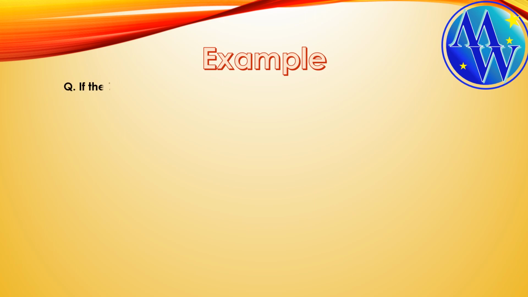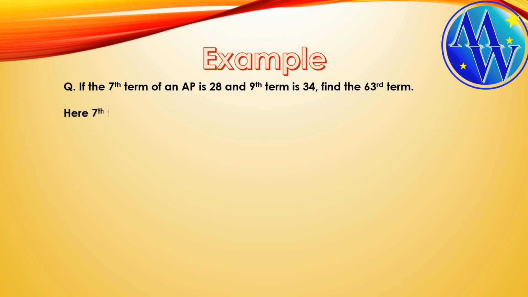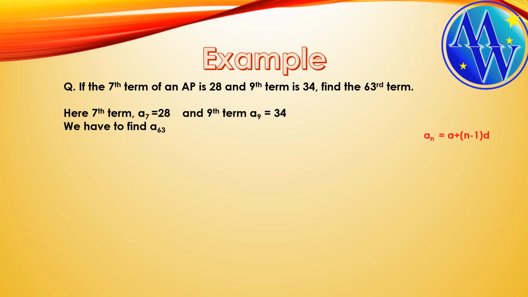Okay, go to another question. If the 7th term of an AP is 28 and the 9th term of the AP is 34, find the 63rd term. Here the 7th term, a7, equals 28 and a9 equals 34, and you have to find a63, right? We know an equals a plus (n minus 1) into d. For this we have to know a and d, but it's not given.